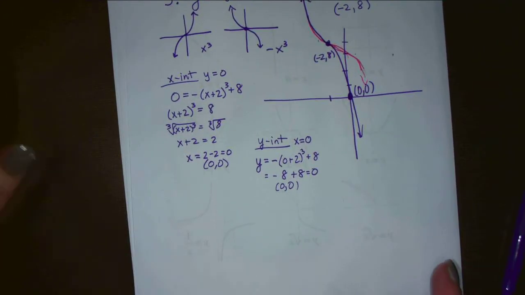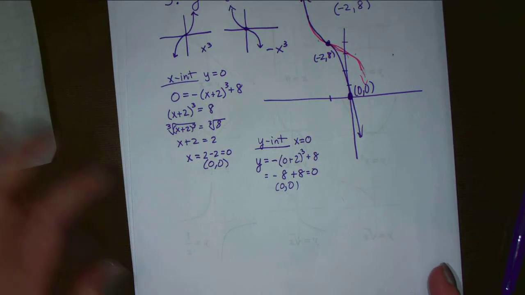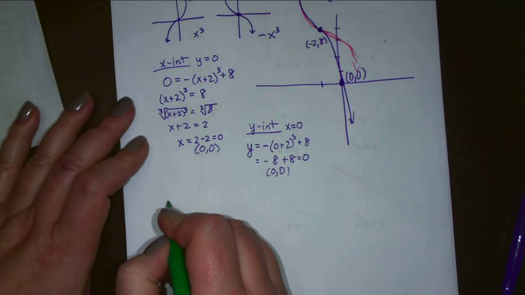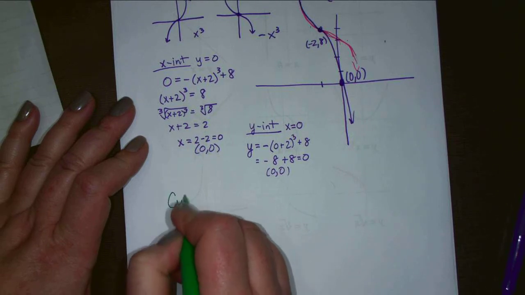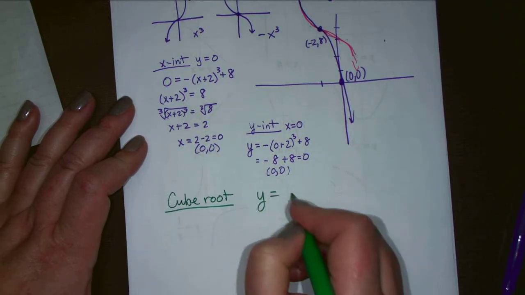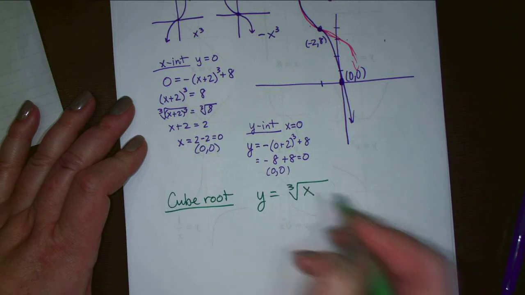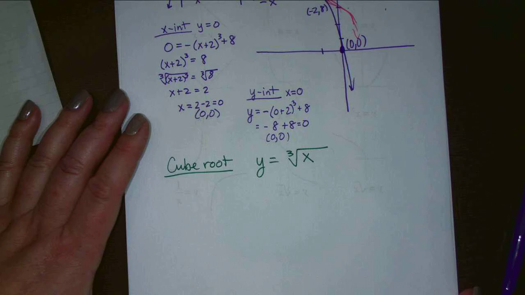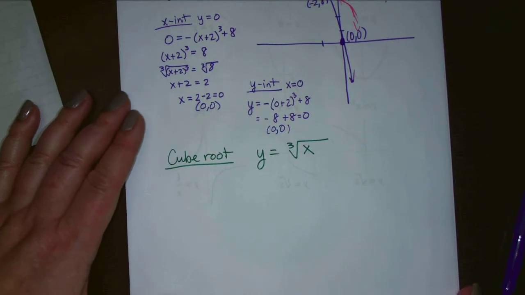So let's go to a cube root. So how does this one differ? It's actually the same shape, but it's on its side.